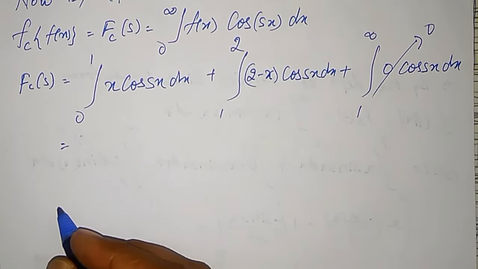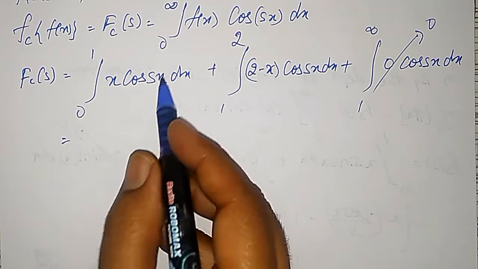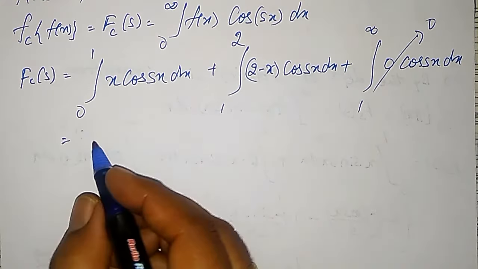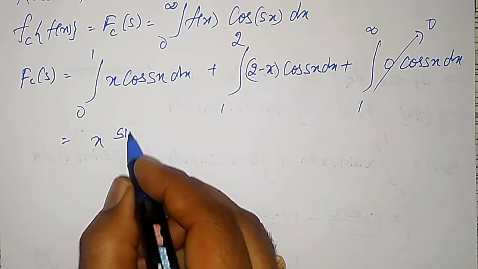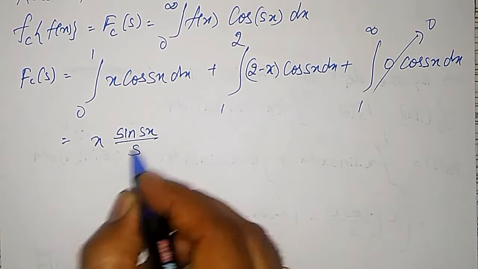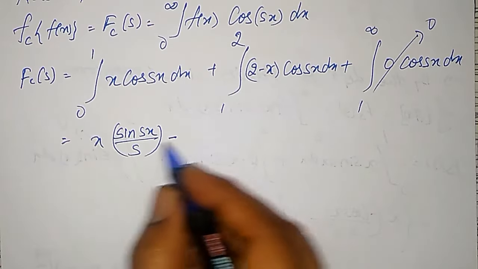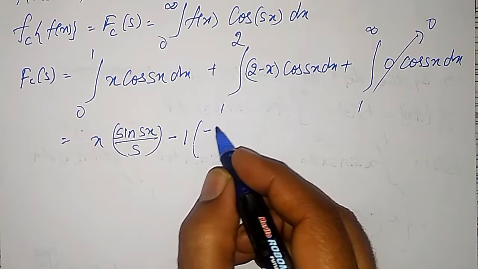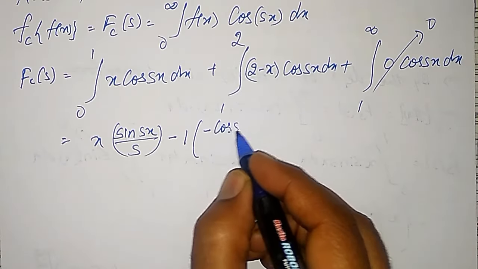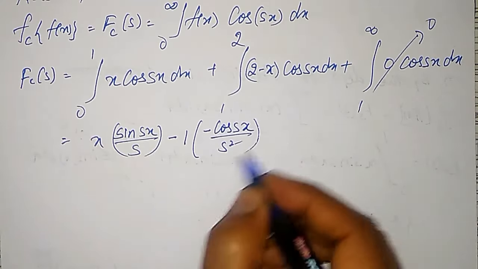To integrate these two integrations, first I will apply Bernoulli's rule. That is, first term as it is, integration of cos sx will become sin sx divided by s, minus differential of x is 1, integration of sin sx divided by s is minus cos sx divided by s square.